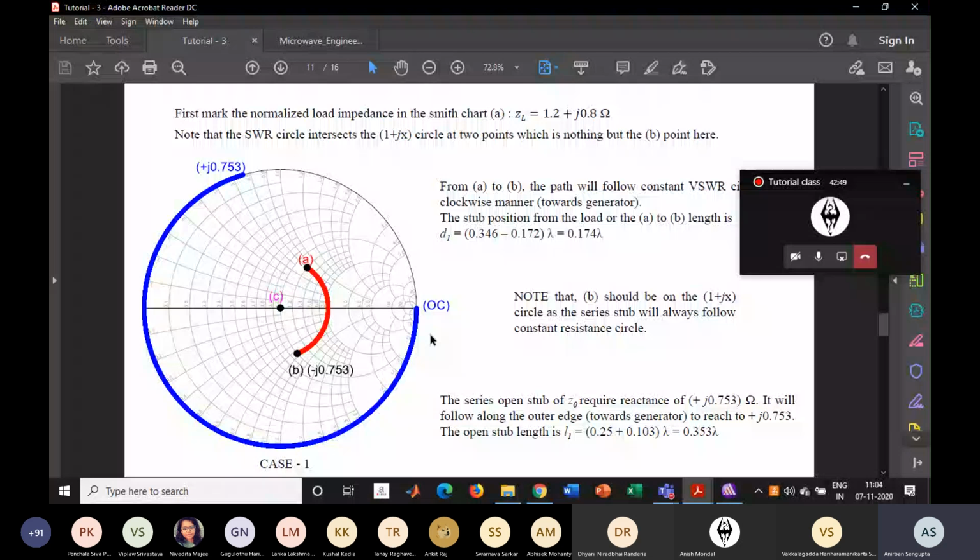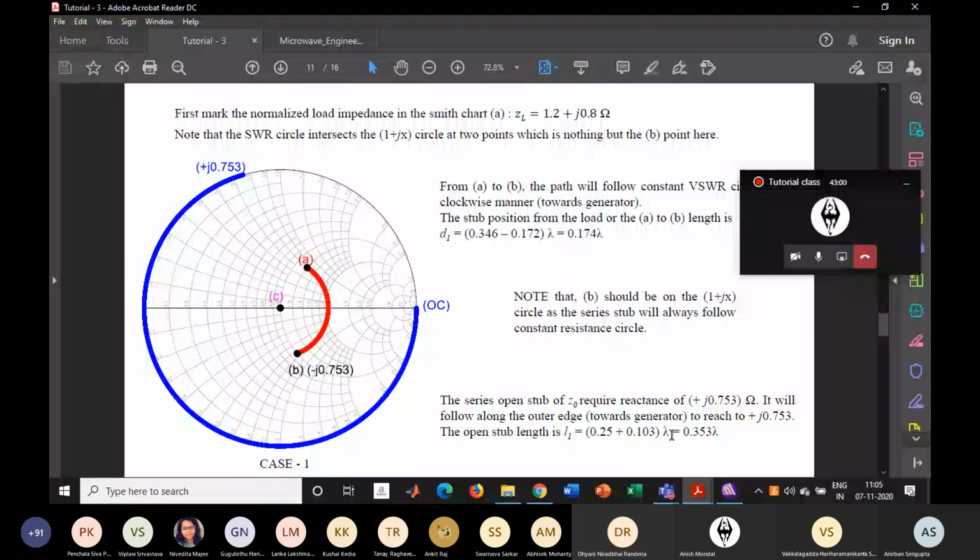So that is 0.353. This half cycle is 0.25. Take this because this half cycle will come out as 0.25, and from here how much are you going? You are going 0.103.